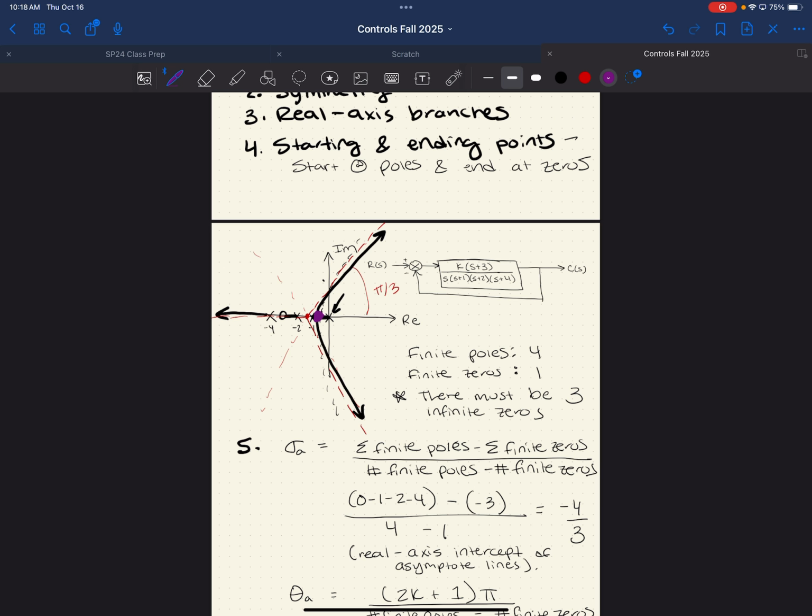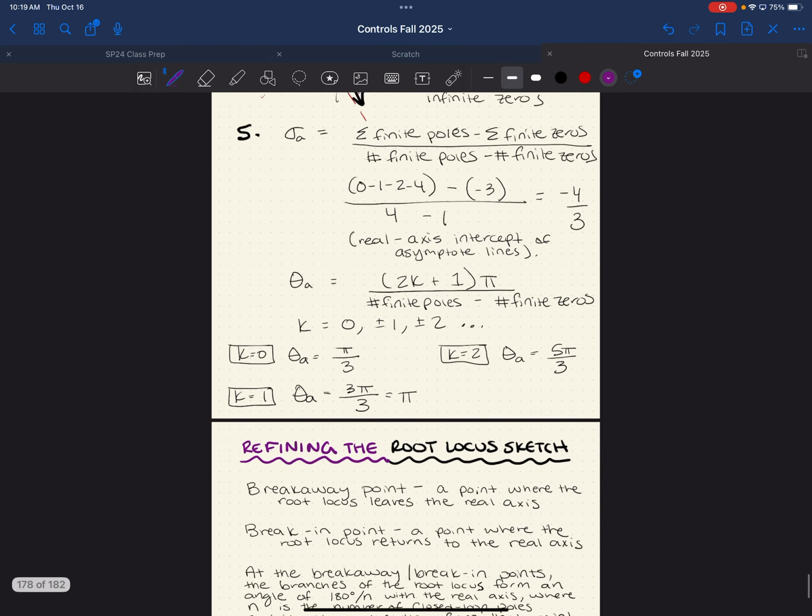We're going to call that a breakaway or a breakout point. Breakout point is where it leaves the real axis. And then the next thing we're going to talk about is what Angela just asked about, which is a break-in point. If at any point a branch was off of the real axis, but it returns to the real axis as you increase values of k, that will be a break-in point. So break out and break in.